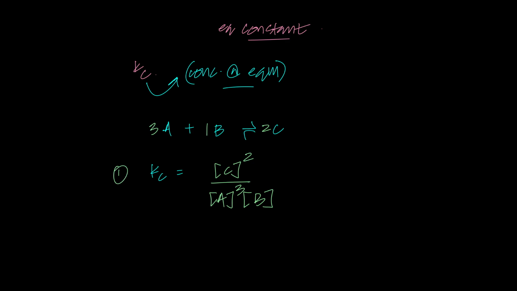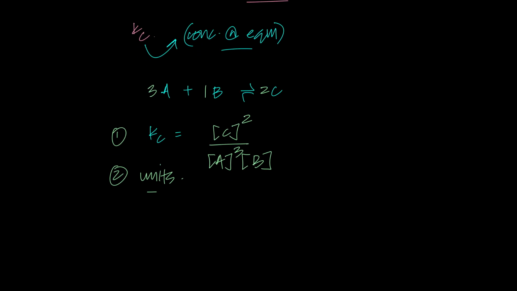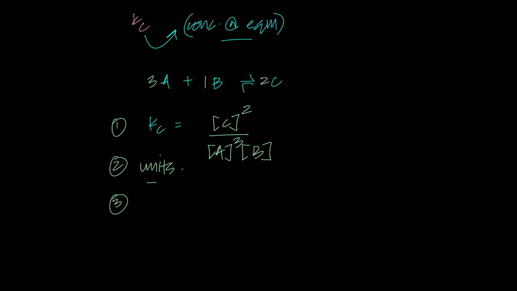Number 1, we've learned how to write the units for every equilibrium constant Kc expression, right? You know how to write the units now. This is M squared and this is M to the power 4, so M to the minus 2, and then you replace M with mole per dm cubed and the whole thing to the power minus 2. We've done all of this. We have also learned relationships which would help us in our MCQs, the reverse relation.